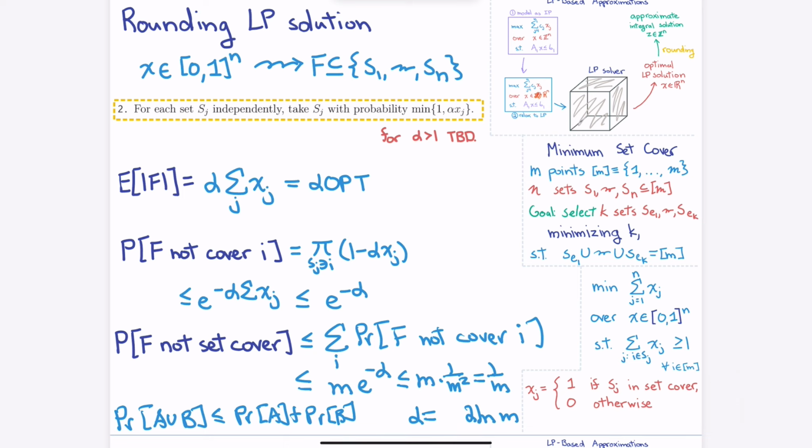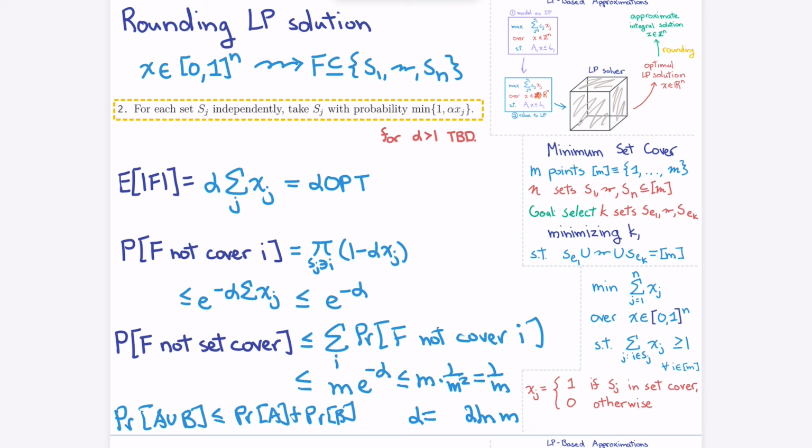So what happened? Because of this exponential decay, by just setting alpha to be like natural log of m, I can make these individual things polynomially small in m, like 1 over m squared, right? I just increase the constant in front of the log m, and this exponent increases. So it's a great trade-off.